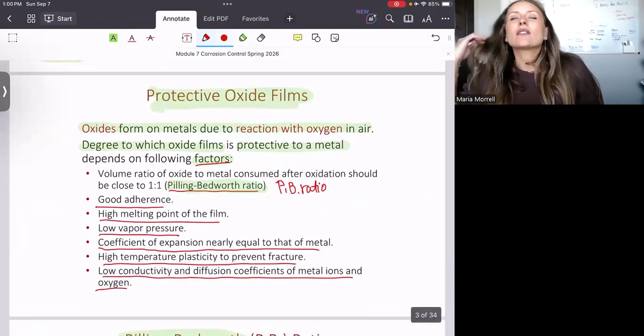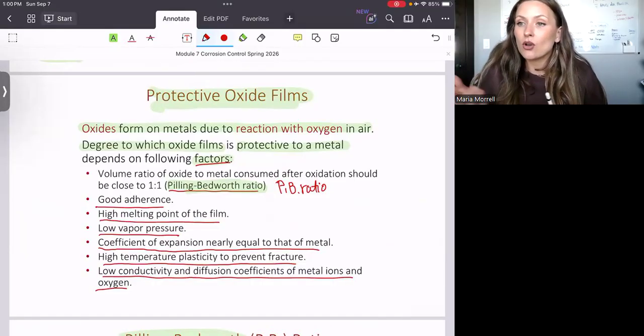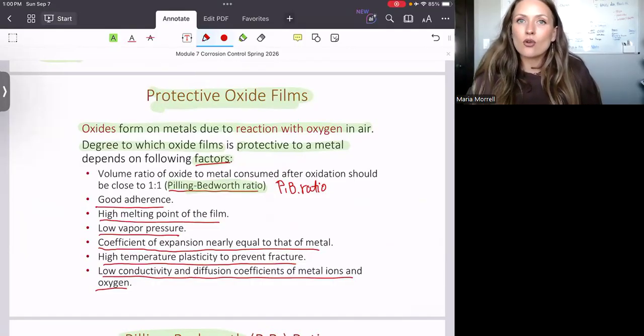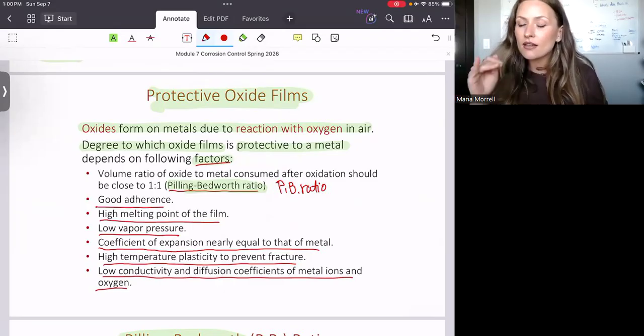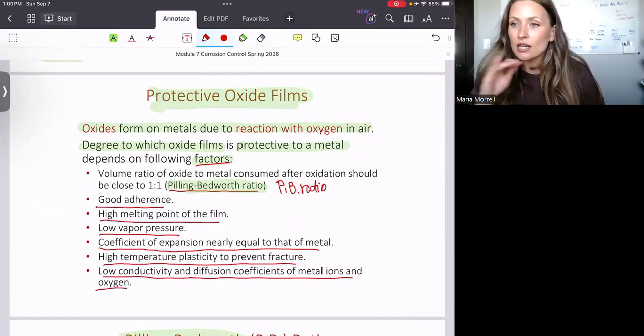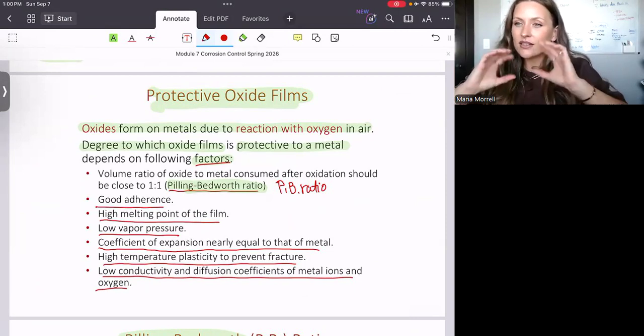Another thing, if you ever paint anything, right, which painting could also be a very good protective coating. Again, it is always beneficial to have a thin layer that has very good adhesion versus something that is chunky, that has bulbs and that has layers.